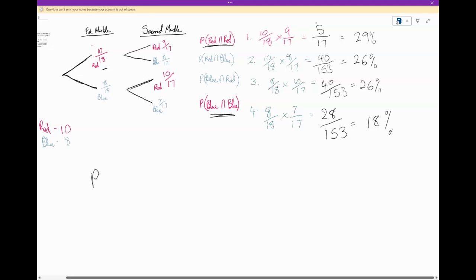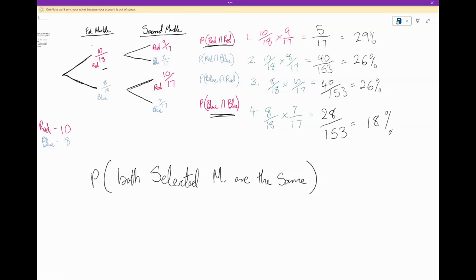Basically, you would say the probability both selected marbles are the same. It's basically what we're looking for. When we're doing it in an example, we have to write these things. This is just for our understanding of what we're looking for.